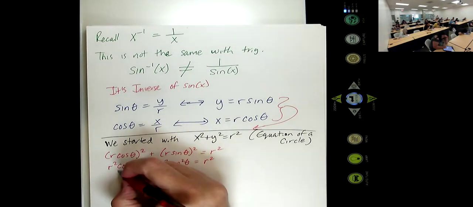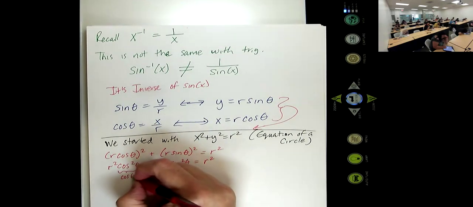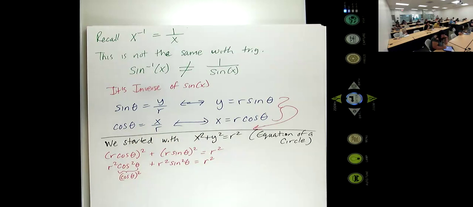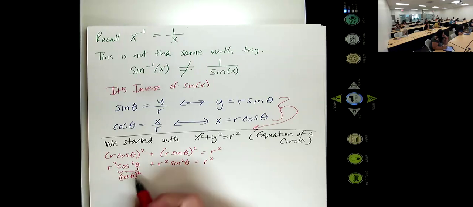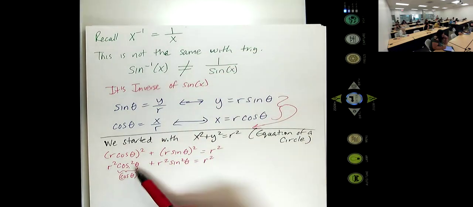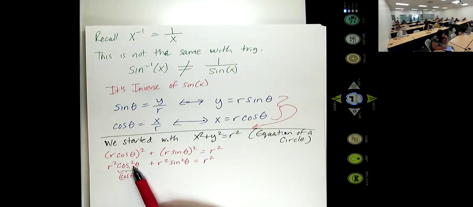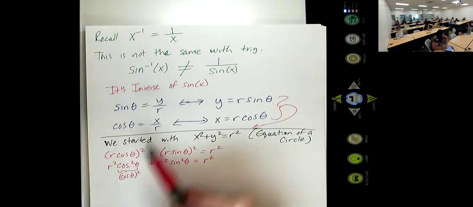This is the same thing as cosine theta squared. They got tired of writing parentheses, so they just wrote it with the exponent in front of cosine. They want to make sure that any number here besides -1 means it's an exponent. If it's a -1 though, it means inverse.